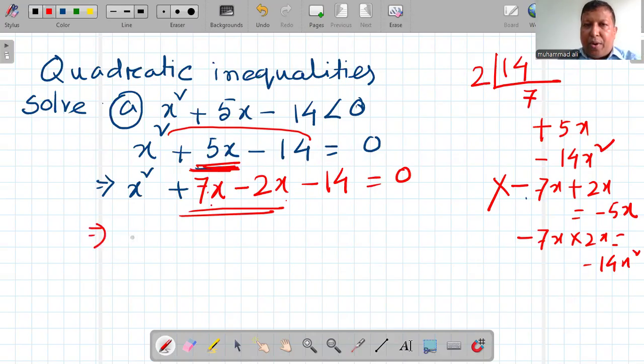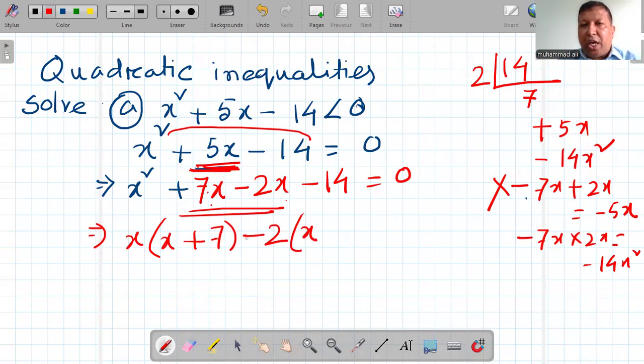So now take common x. If we take common x, here will be x plus 7. If we take common minus 2, it is x. When you take common minus, the internal sign will be changed. It was minus, now it will be plus. From 14, if we take 2 common, it is 7 here, equals 0.